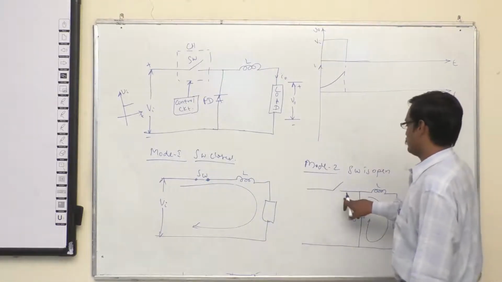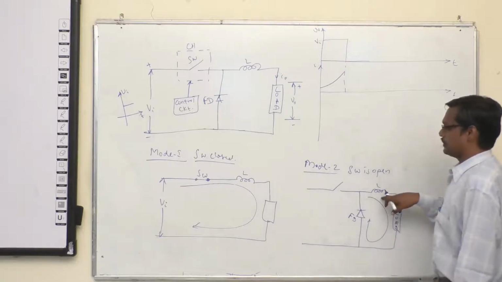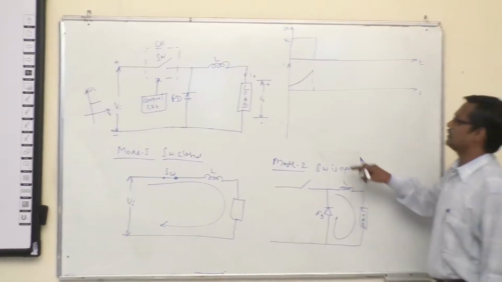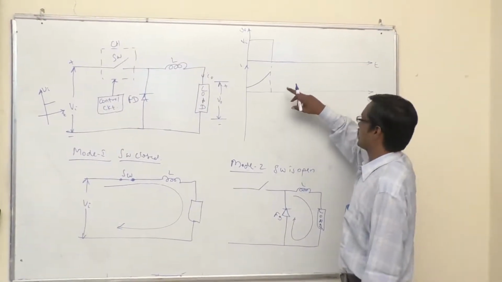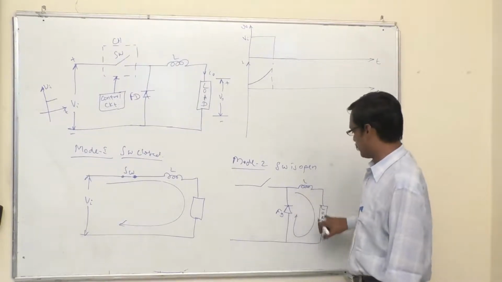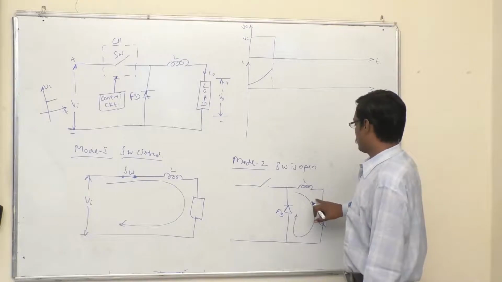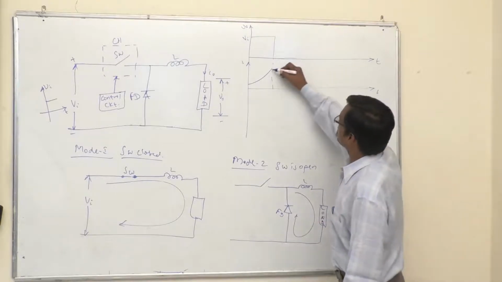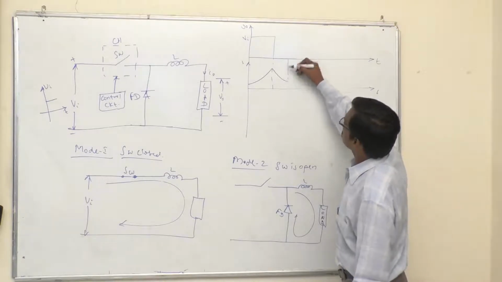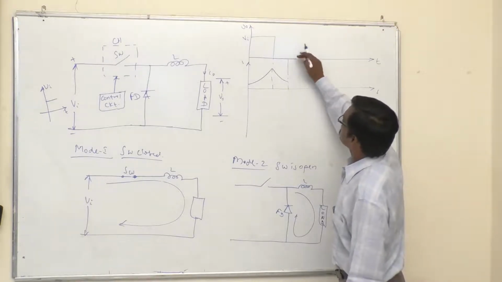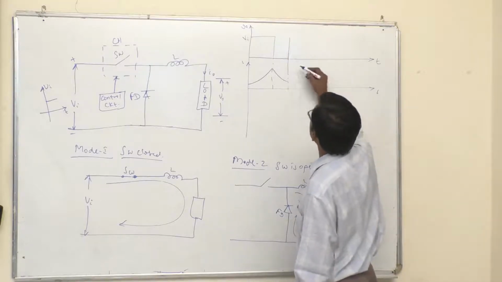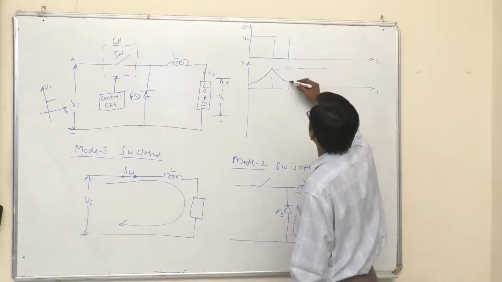But the current available in the inductor tries to flow in the same direction. The direction of the current will not change, but since the stored energy is dissipated through the load, the current value reduces slowly. At the moment when the next cycle starts, the current again starts building up.